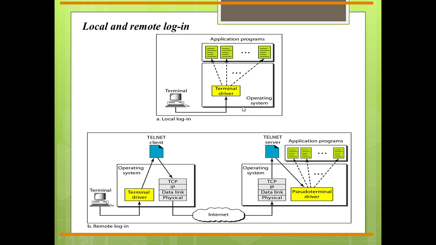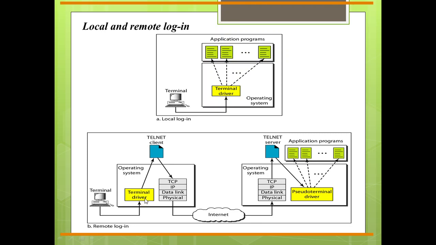And whenever the user wants to access an application program or the utility which is located on a remote machine, then it is going to perform the remote login. Here the Telnet client and the server program is going to come into use. The user is going to send the keystrokes to the terminal driver.